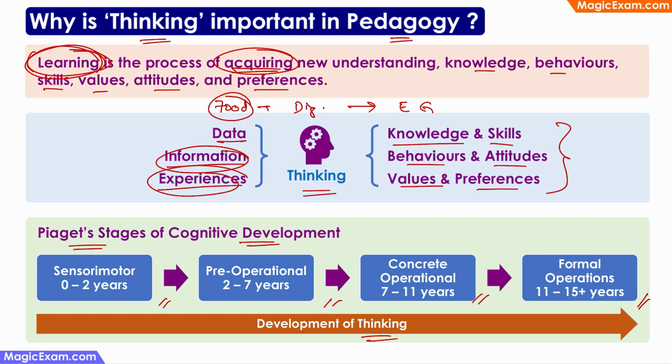So whenever the person gets new data, information, or experiences, he can use his existing learning in the thinking process, and the new knowledge, skills, behaviors, and attitudes keep on developing and evolving.